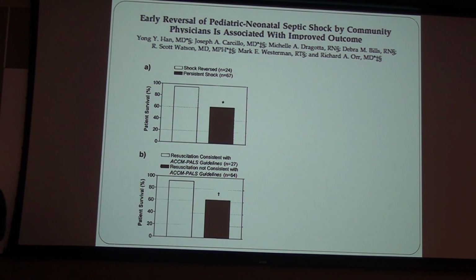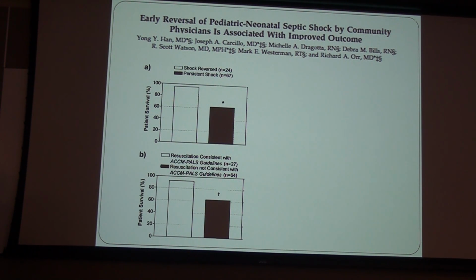So this was a study of 180 or so children who were referred to University of Pittsburgh from other community settings, so pediatricians' offices, primary care offices, general EDs, and there were 186 children in septic shock.